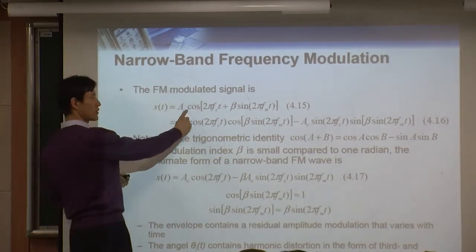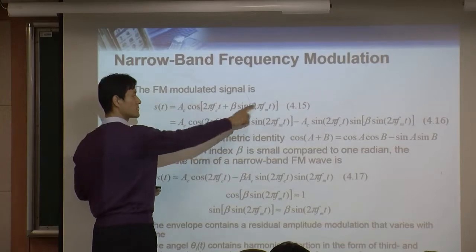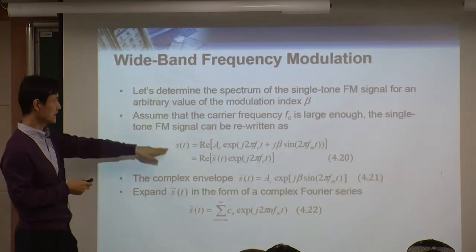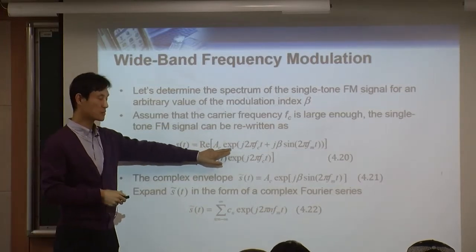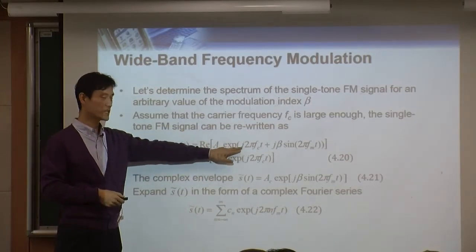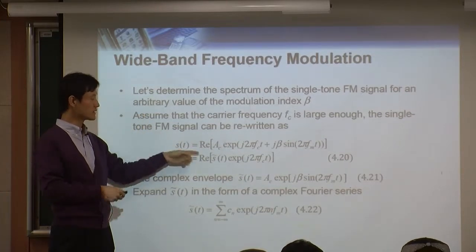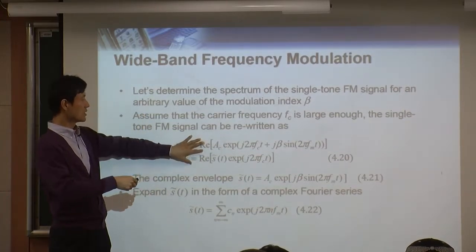But you know, this is also just cosine of something. So what we want to do is write it as the real component of an exponential, because the real component of exponential j is cosine, right? So cosine S(t) is the same as this one.